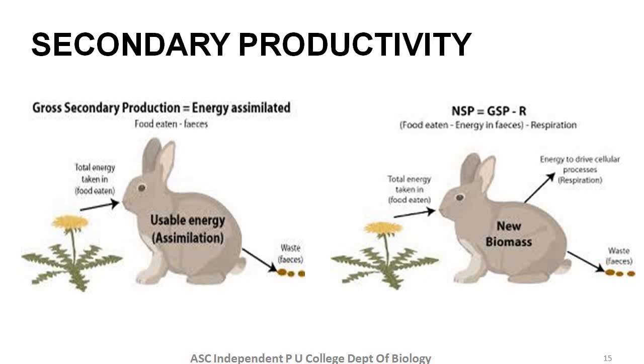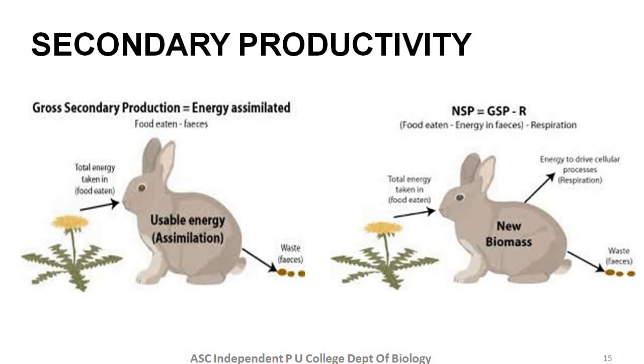In this picture, you can see the plant is eaten up by the rabbit. So the plant organic matter is now in the animal's body. In the animal's body, the plant organic matter will be broken down into simpler substances, and it gets assimilated in the animal body and stored in the form of animal organic matter.